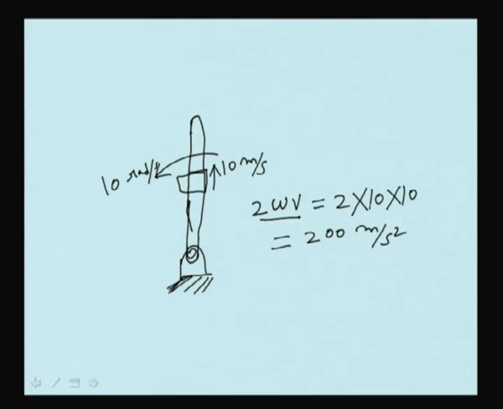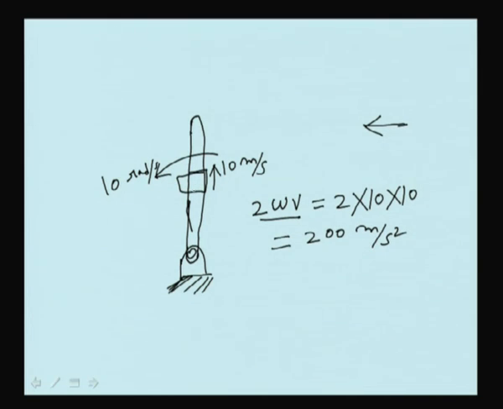The direction of this Coriolis acceleration will be in this direction. The Coriolis acceleration is not dependent on the position of the slider on the link. It is dependent on the relative velocity.